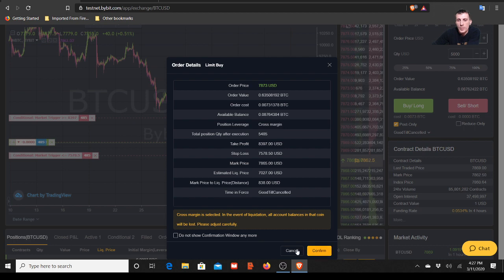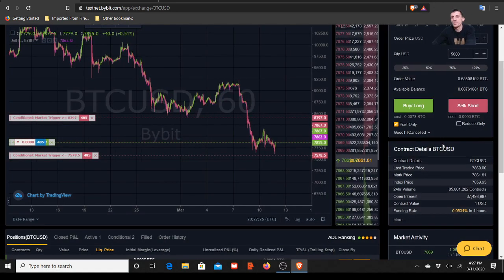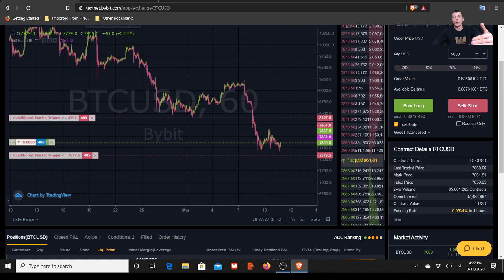So what will happen is every dollar that Bitcoin goes the opposite way of 7,867 where we entered, it will pull $1 out of your wallet to use as collateral for the trade, for your position. And it will do that until you have no more dollars left in that wallet.